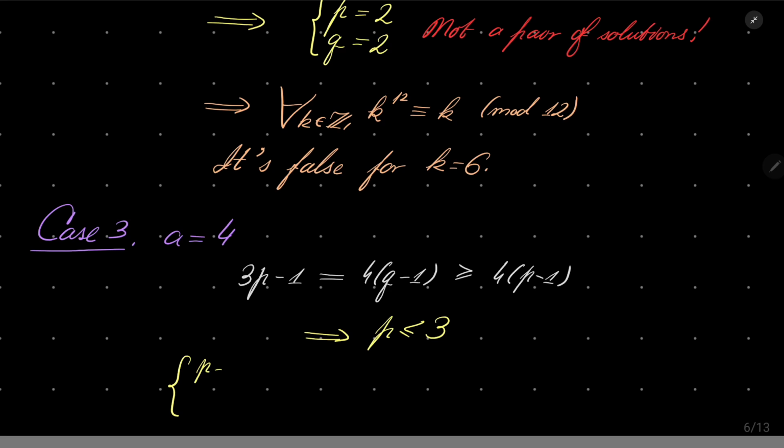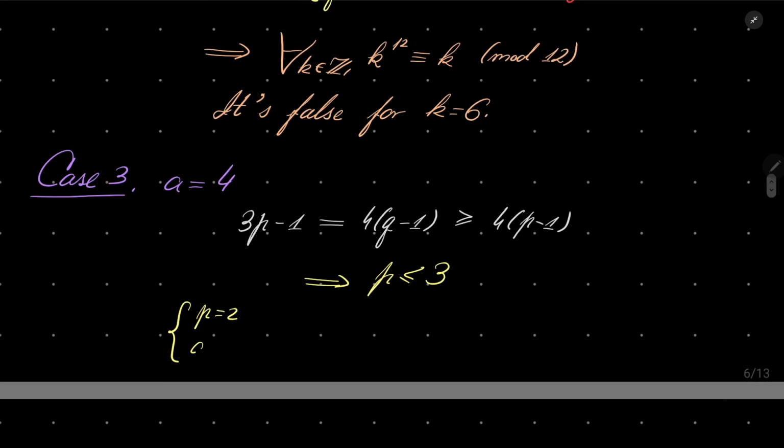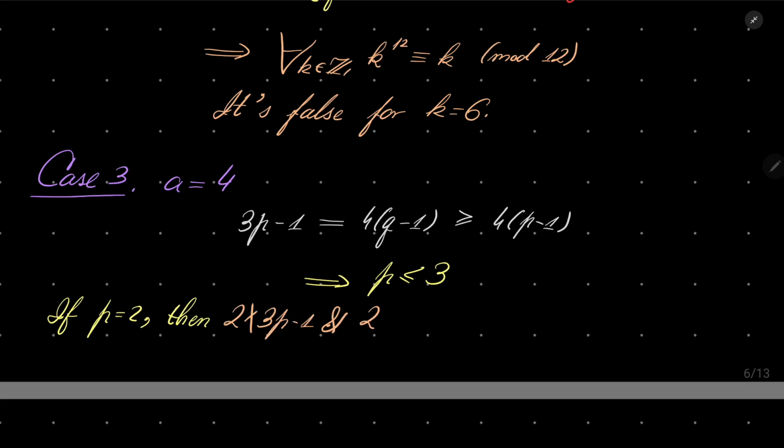If P is 2, then what is Q? No, P cannot be 2, because then 2 does not divide 3P minus 1, but at the same time 2 should divide 4Q minus 1.